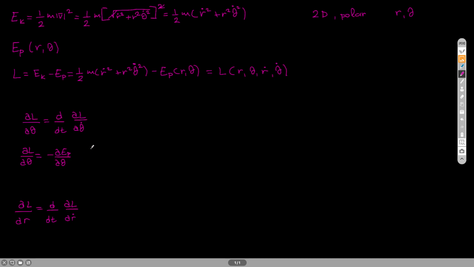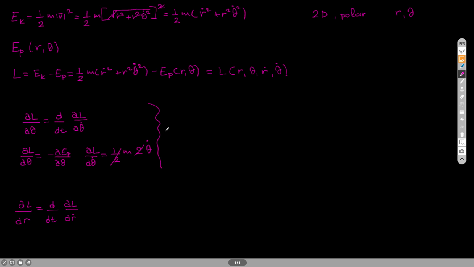I also need the partial of L with respect to theta dot. There is no theta dot dependence in the potential, but there is in the kinetic term, so this will be 1/2 m 2 times theta dot, and the 2 cancels with the 1/2.